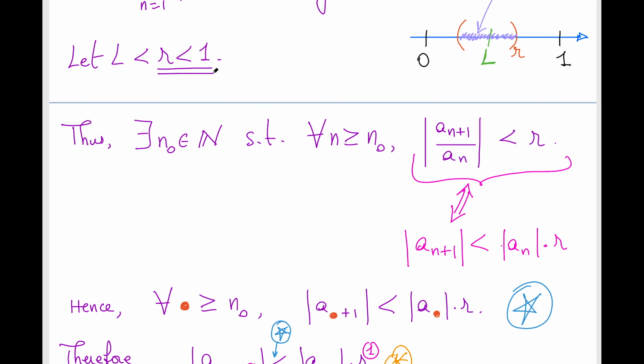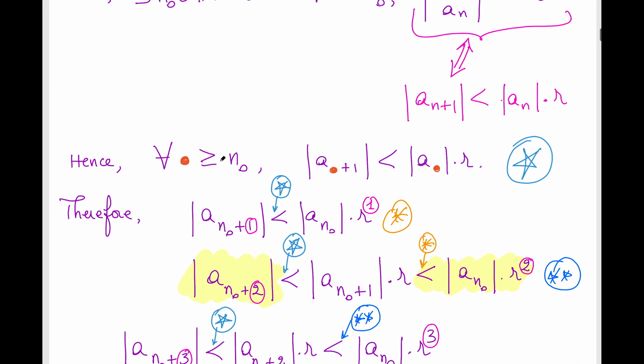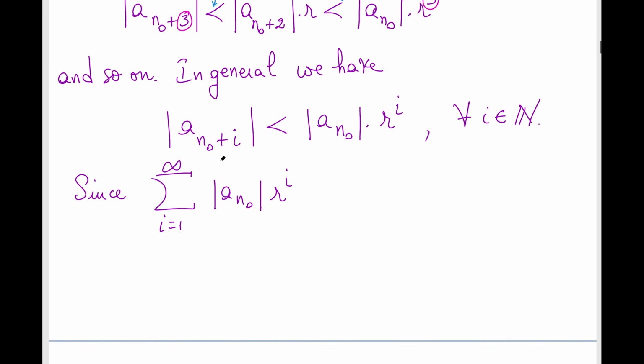Aha, all right. So this is a geometric series with the common ratio being smaller than 1. So since this is a geometric series with r being smaller than 1, this is going to be a convergent one.